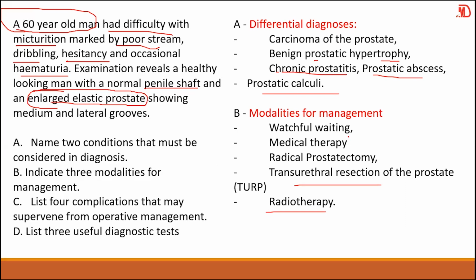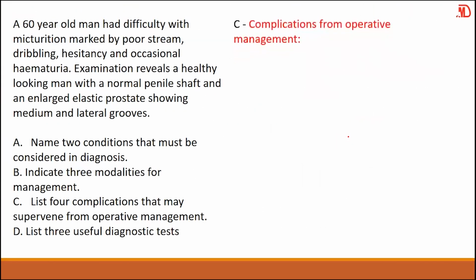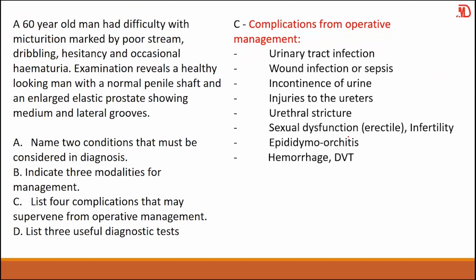Okay, so let's look at the possible complications arising from operative management. So what do we have? We can talk about UTIs or urinary tract infections. We can talk about sepsis or wound infections. We can talk about incontinence of urine.